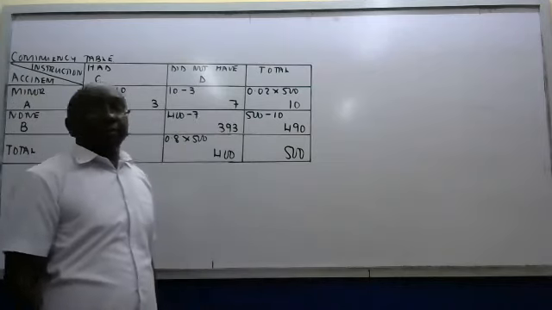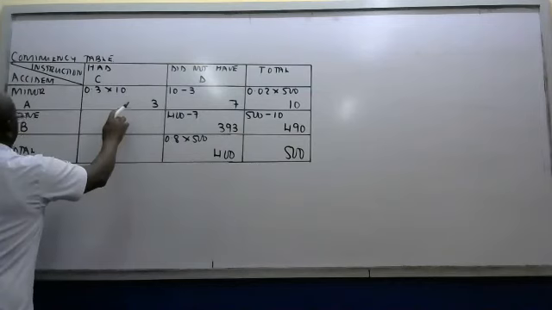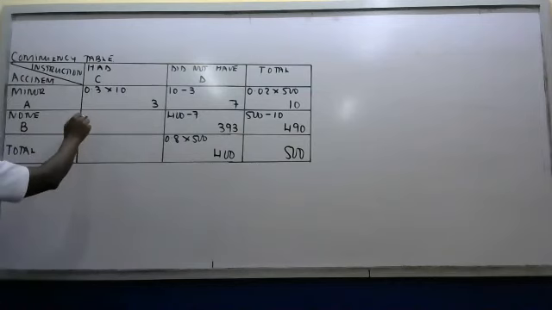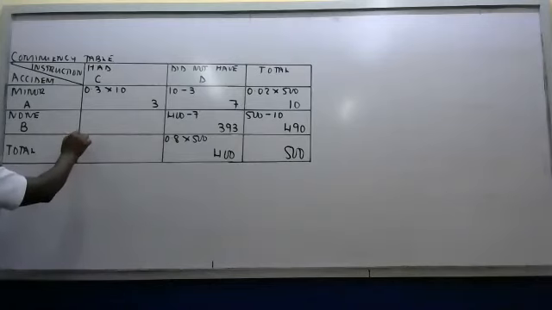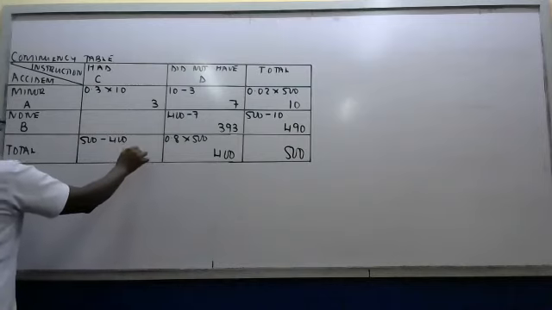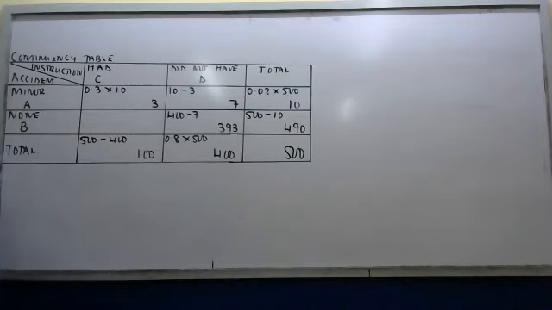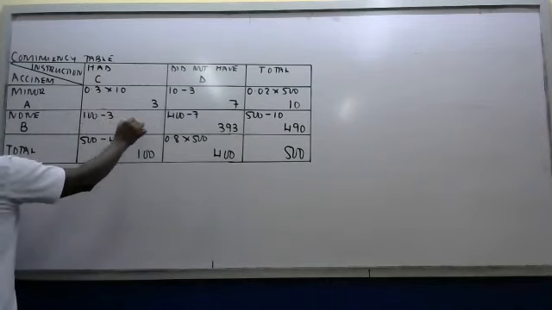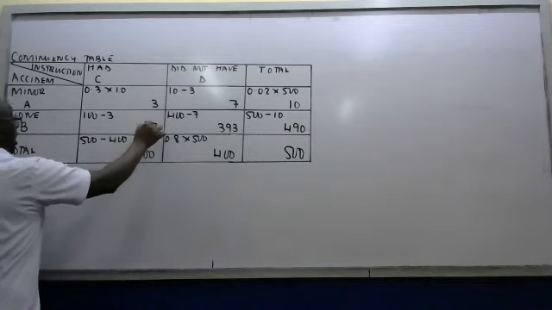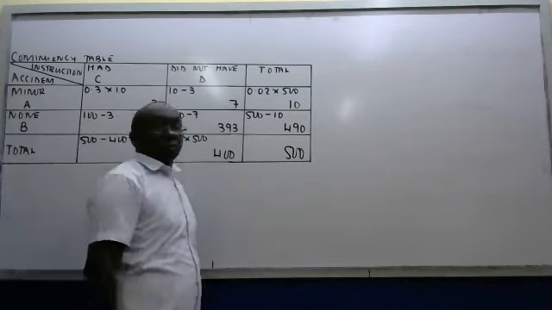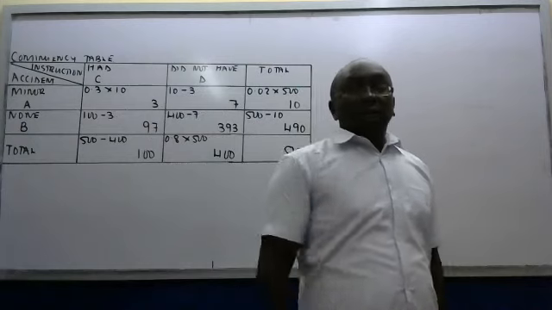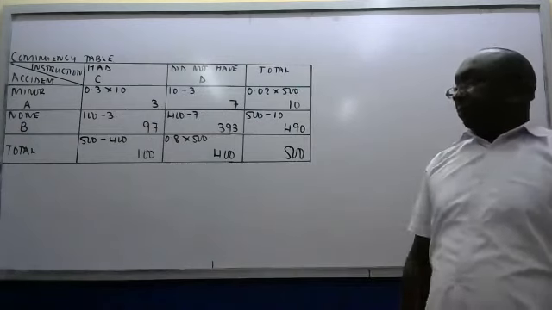Then this must be 500 minus 400, so that I record 100. And this one is 100 minus 3, so we record 97.